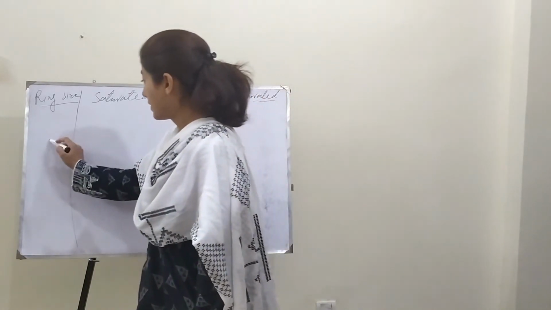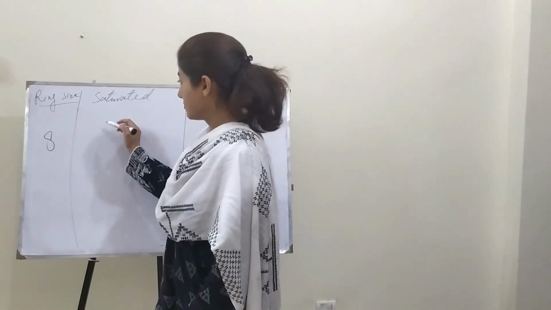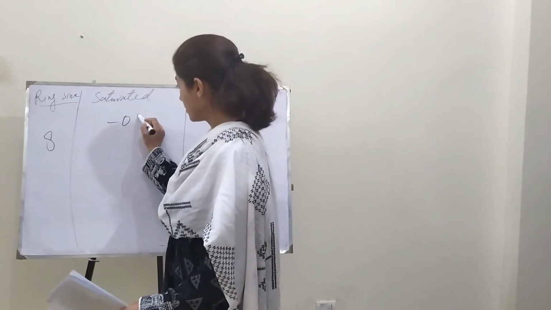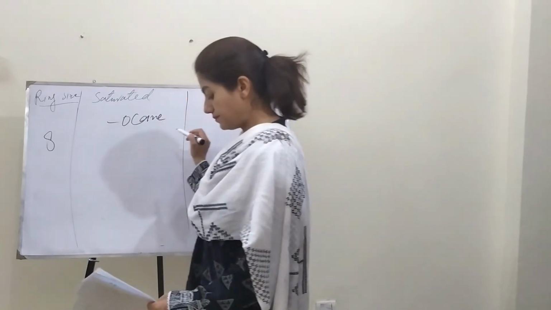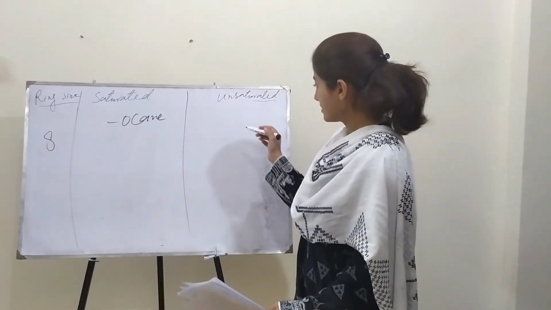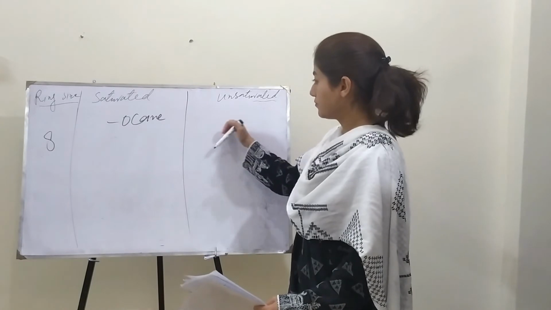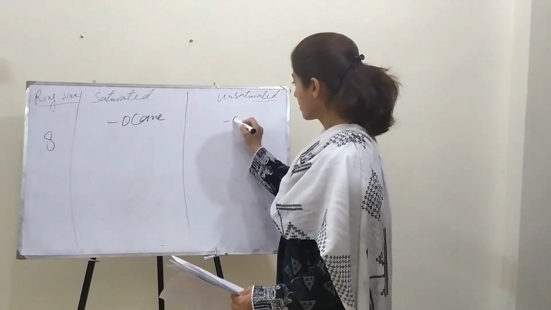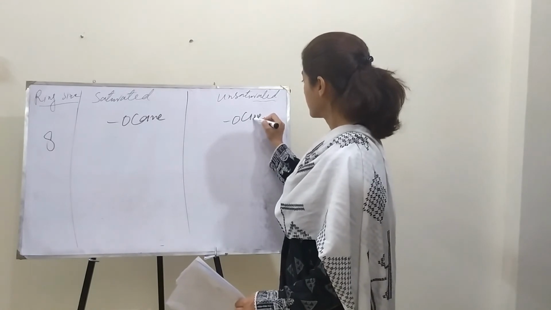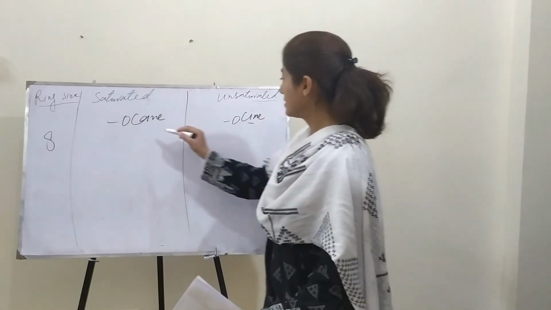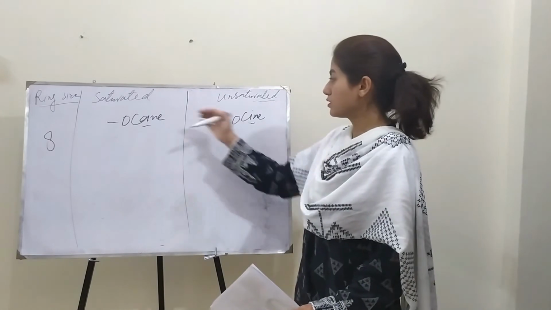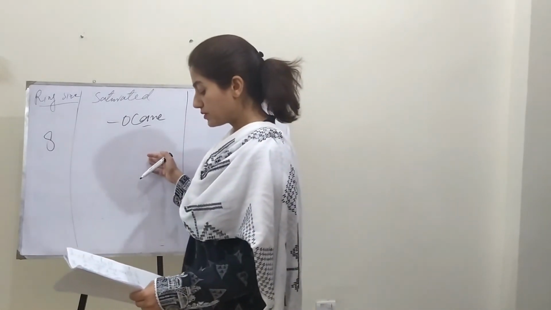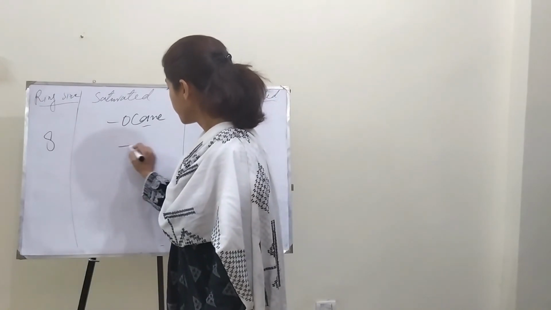And similarly, for an 8-membered ring, the name for a saturated system would become ocane, and in the case of an unsaturated system with 8-membered rings it would become ocine. So here the only difference is between A and I in the case of saturated and unsaturated systems. So let's see the example with nitrogen.